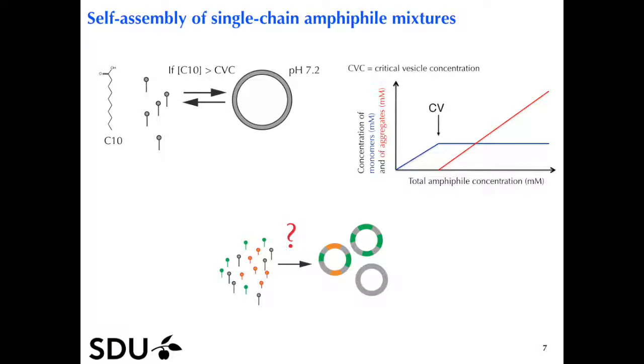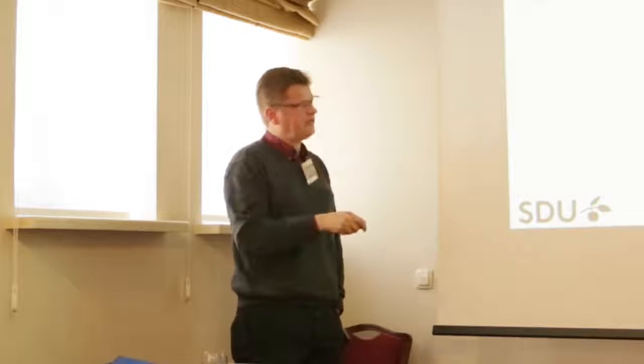So that was my first question: if we have a set of amphiphiles, can we get a population where we have a diversity, and this diversity can be inherited?